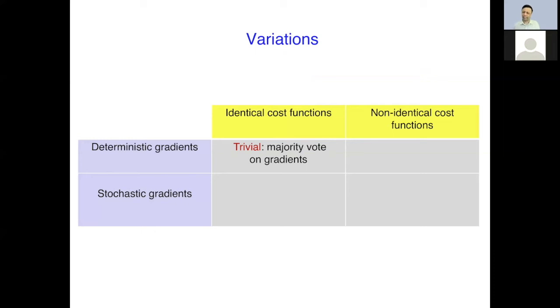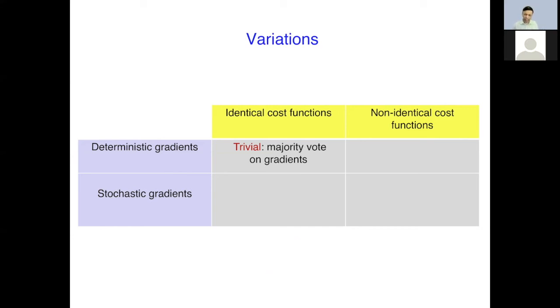And then the server's job is very simple. He's getting a bunch of gradients, right? N of them. As long as N is more than 2t, the server can just take a majority vote of the gradients and use the majority vote as the filtered gradient and take the step. Okay, so if the functions are identical and we're doing the deterministic gradient, the problem is quite trivial.